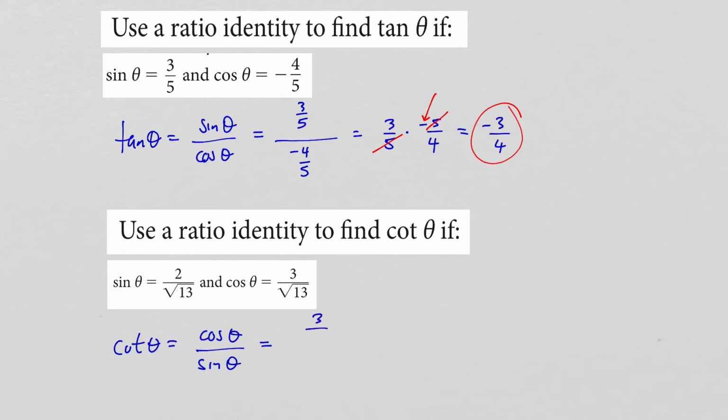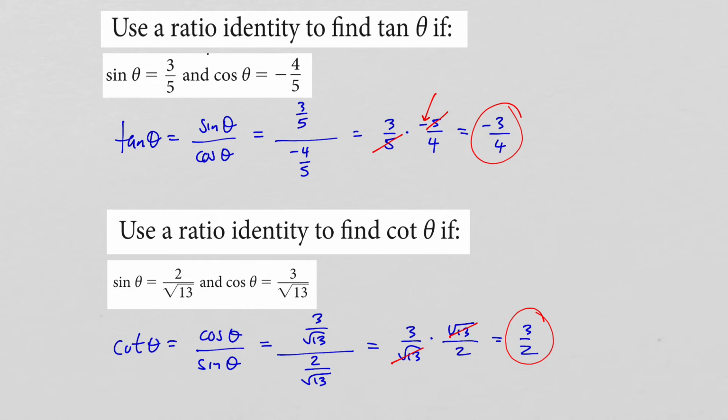Cosine theta is 3 over square root of 13. Sine of theta is 2 over square root of 13. And by definition of dividing by fractions, we are going to multiply by the reciprocal. And once again, you notice that these cancel out. And so in this one, we end up getting 3 over 2.